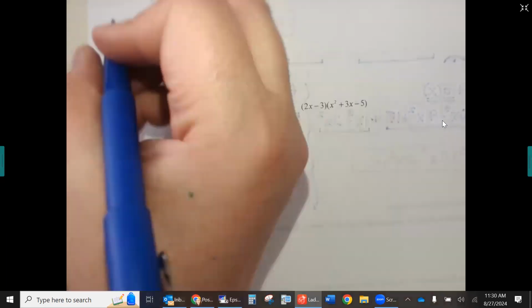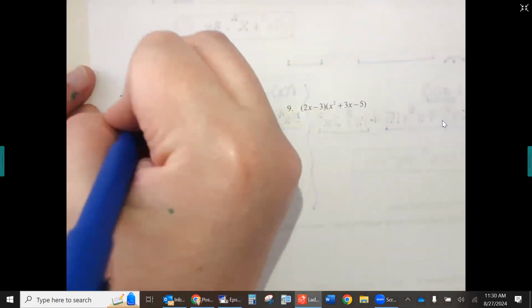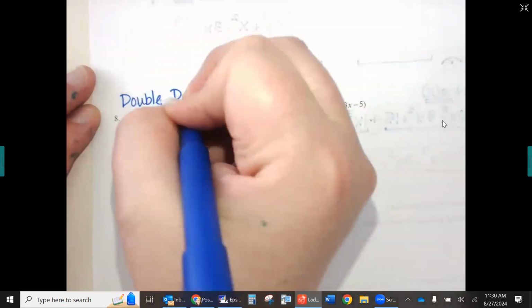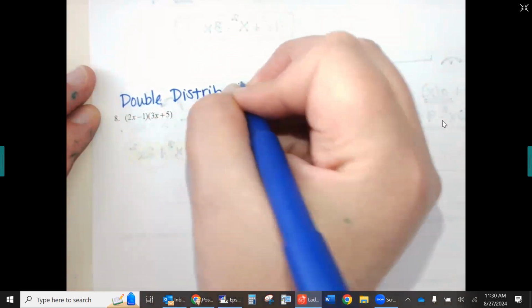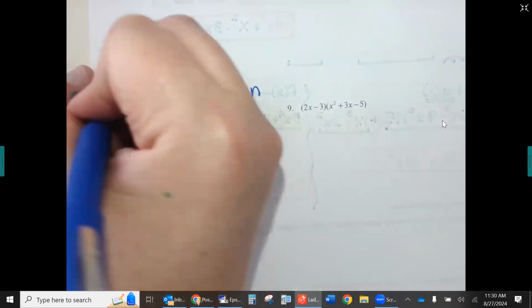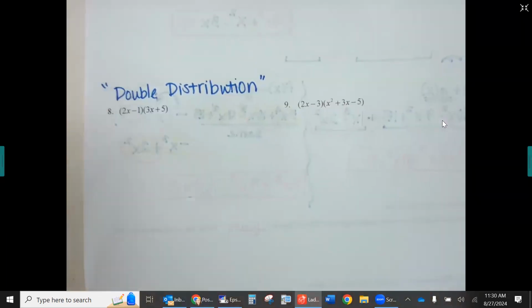Okay, this is called double distribution. If you'll label numbers 8 and 9, you're gonna have to do what's called double distributing. The reason that it's called double is because I don't just have one number in the front, I actually have 2 things in the front.